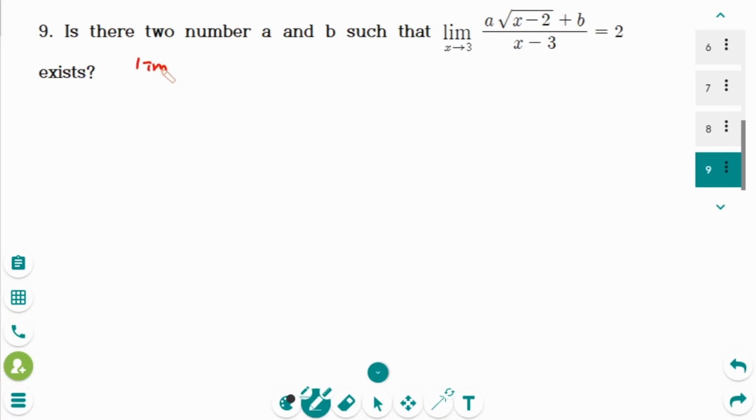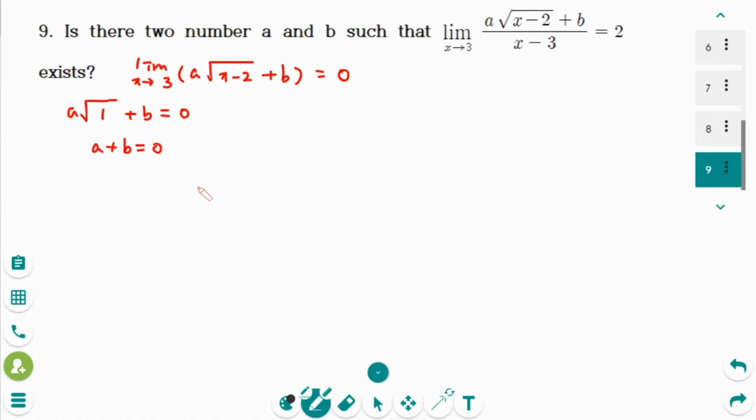So the limit as x approaches 3, a√(x−2) + b equals 0. Then put 3 into x. So 3 − 2 equals 1, a plus b equals 0.